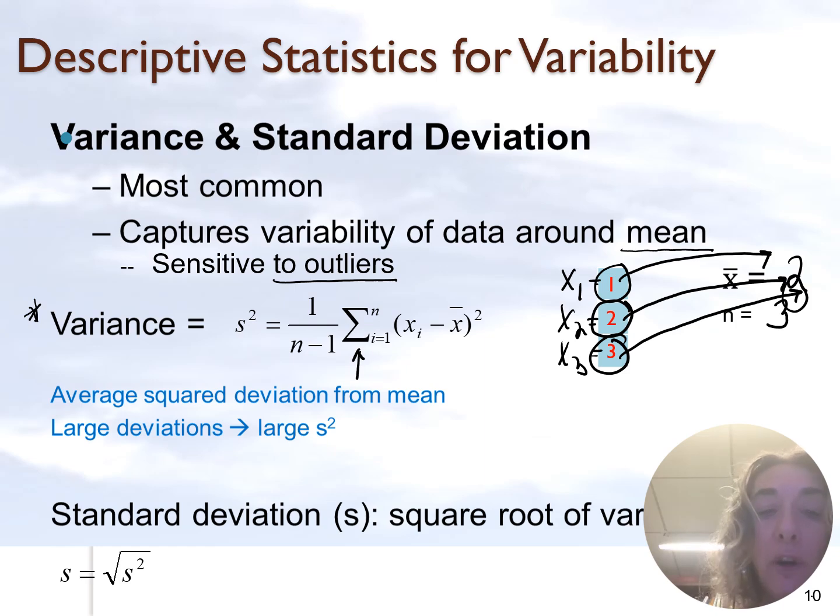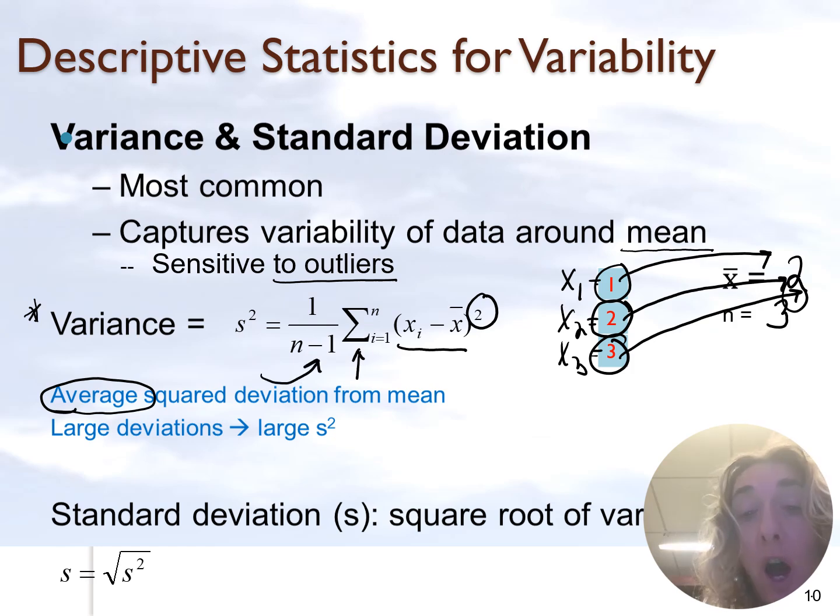Okay? That's why the variance is called the average squared deviation from the mean. There's the deviation aspect, there's the squared aspect, and the average aspect comes in because you are summing and then dividing by a measure of sample size, or n minus 1. And we'll talk in a minute why it's n minus 1 versus n, but this is a measure of sample size.